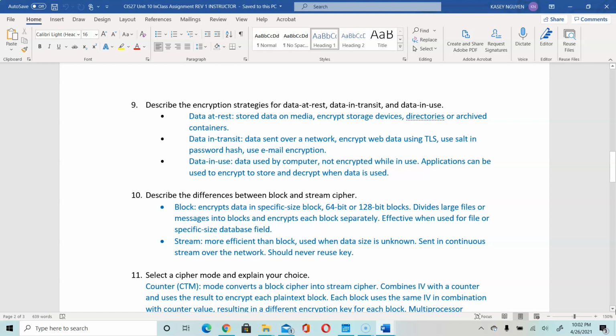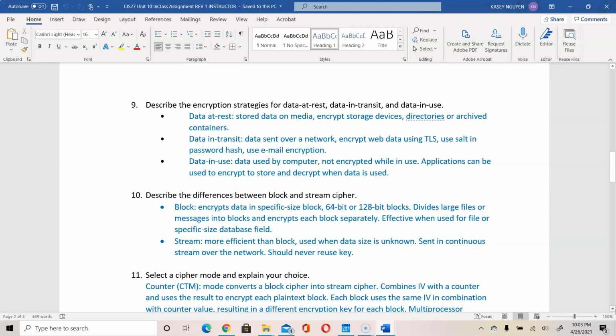Then it would encrypt each block separately, and this is effective when used for files or specific-size database fields.